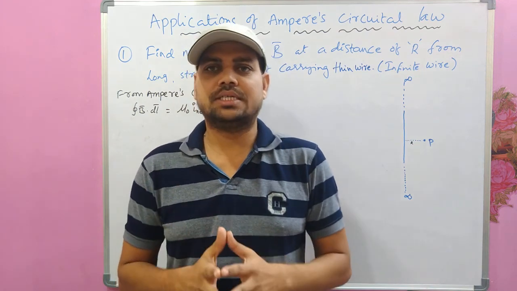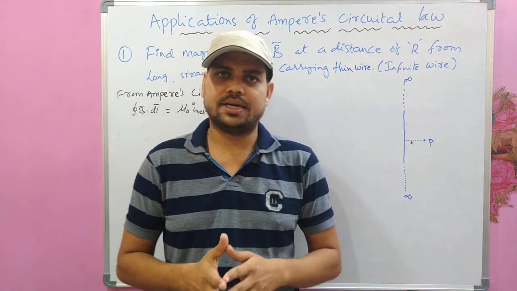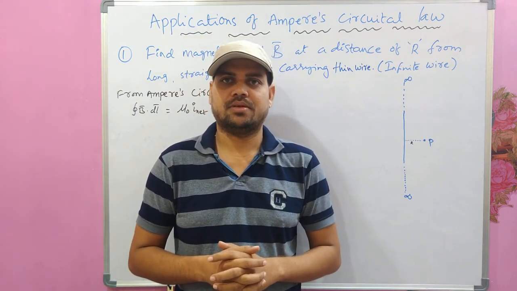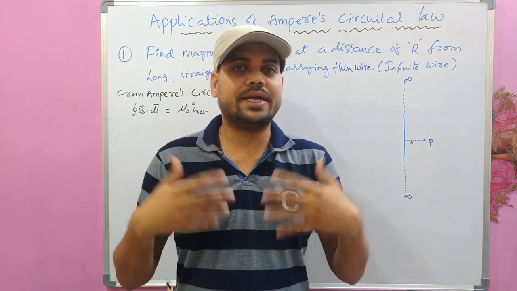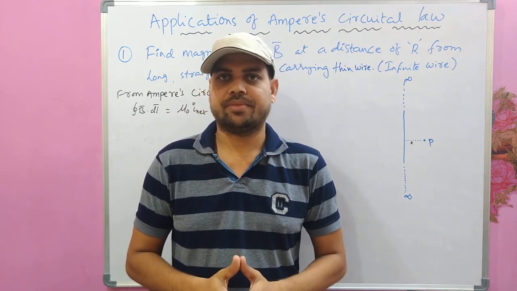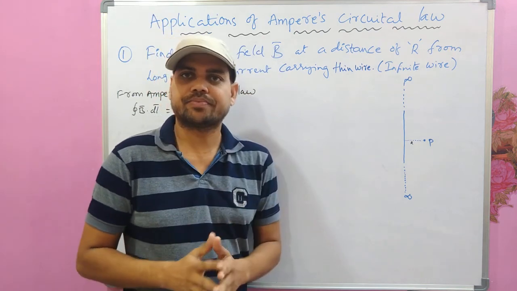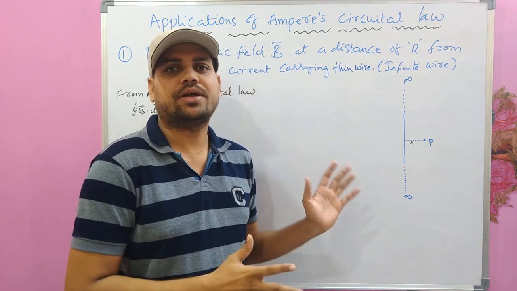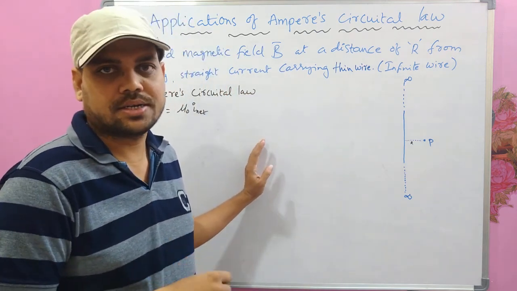Now in this lecture, we calculate magnetic field due to current carrying conductors using Ampere's circuital law, which means Ampere's circuital law is an alternate method to Biot-Savart's law. Now we will see some examples, one after the other, of how Ampere's circuital law is useful to find the magnetic field produced by different current carrying conductors.